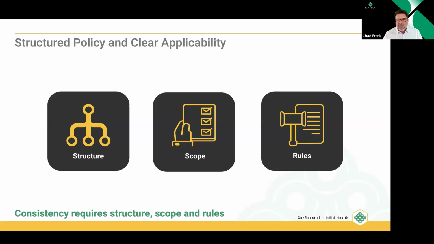So if a policy has 30 or 40 different procedure codes, but for this group or this company, 10 of those don't require prior auth, or they might require prior auth in certain scenarios, that's where the scope starts to come into play. So you start with the baseline structure of the policy, you understand when to apply it, and then the rules come in of how to apply it.